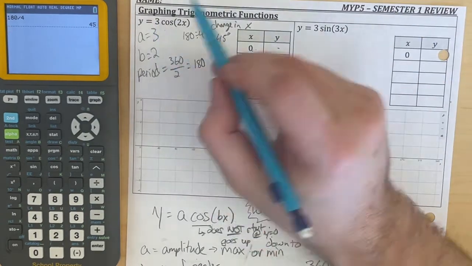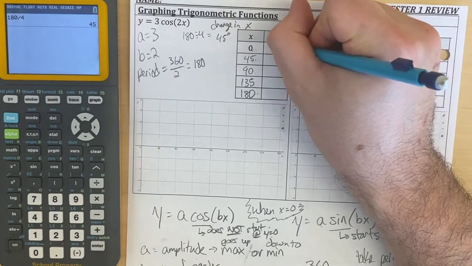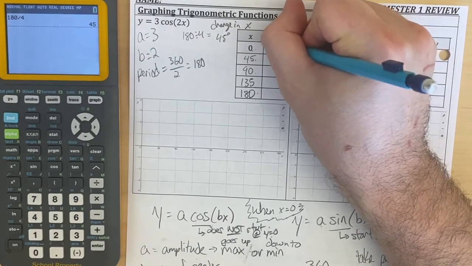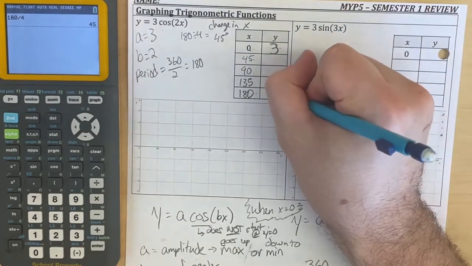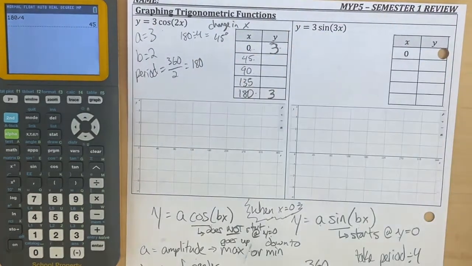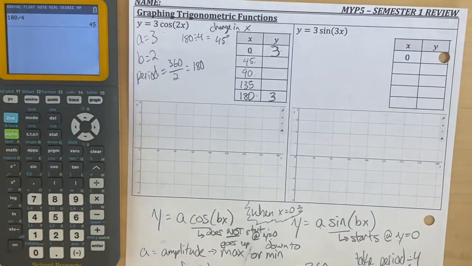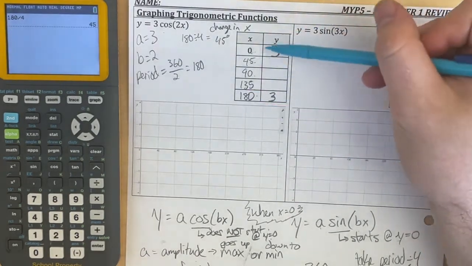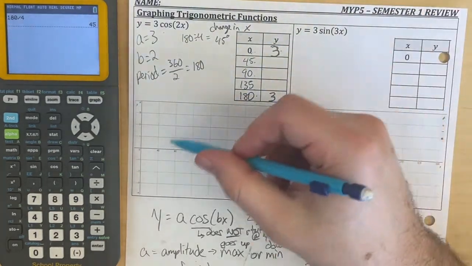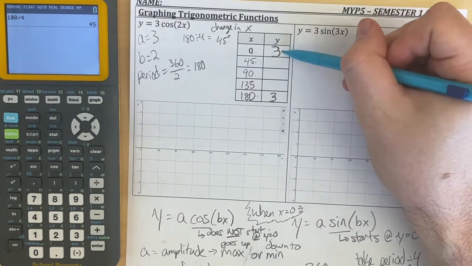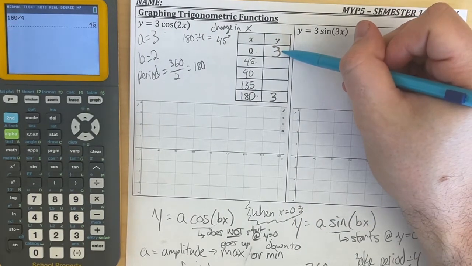Since we have a positive cosine, we start at 3, and we have to end at 3 for our full rotation. Real simple values when you're making that table. I use this table first, then I can make those points, which makes it a little easier to think about. If I'm at the max, I have to go down to the min, but I have to cross over 0 first.